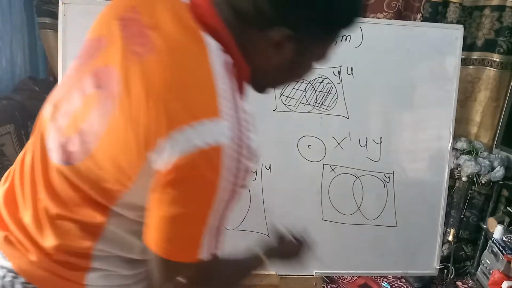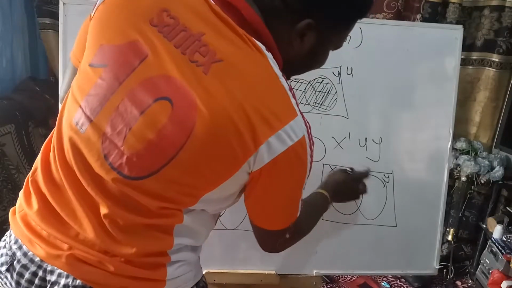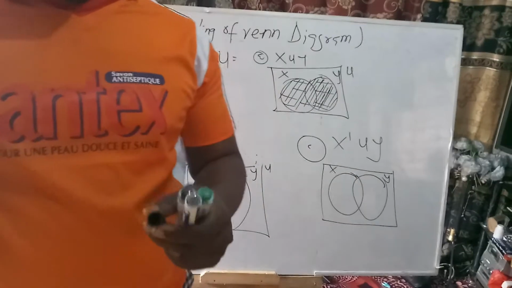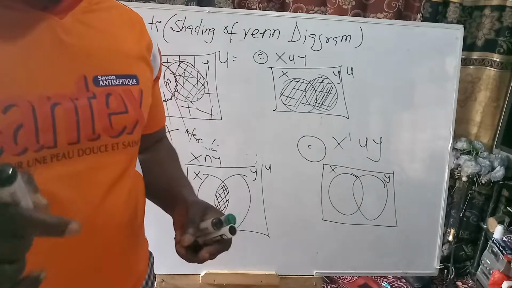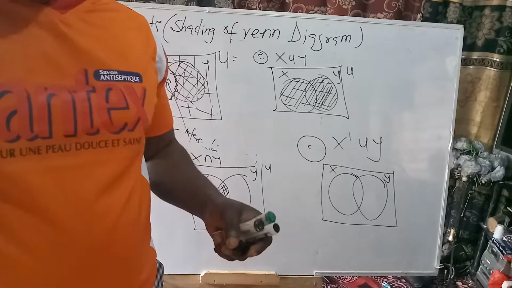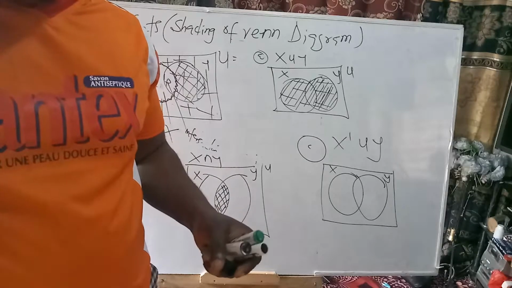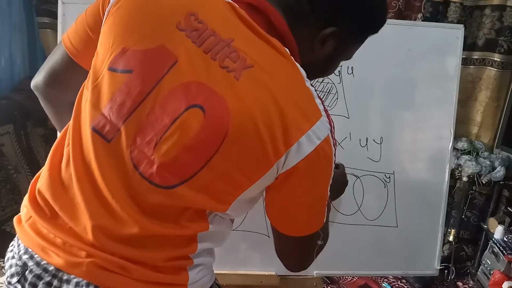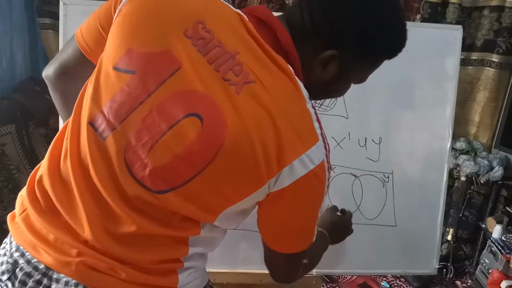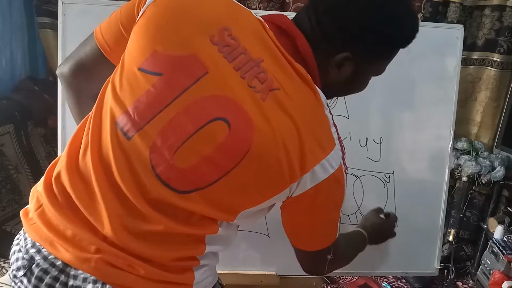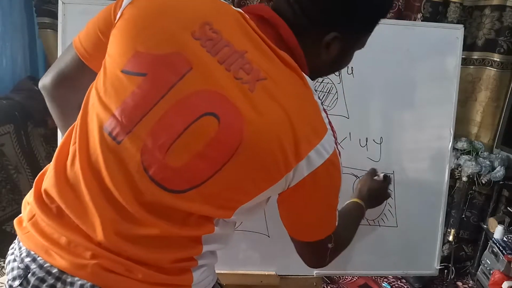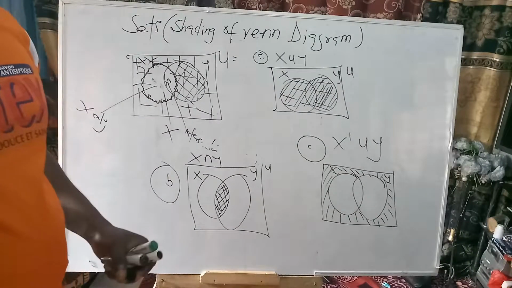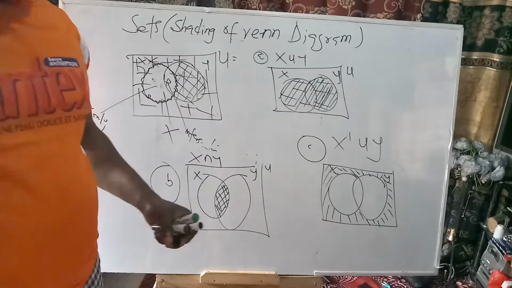So this place is outside x. That's the first thing that comes to mind. Everything outside x, that place is outside x.